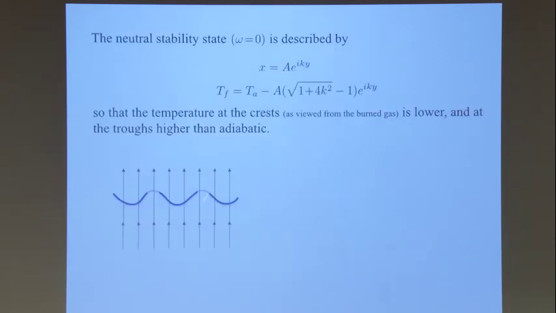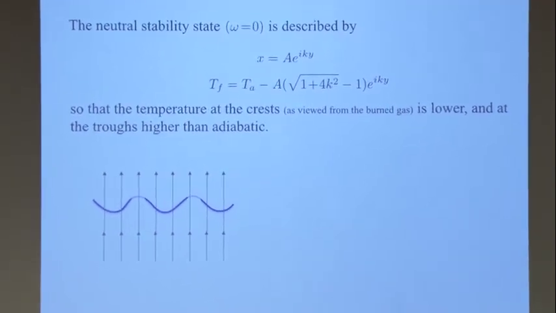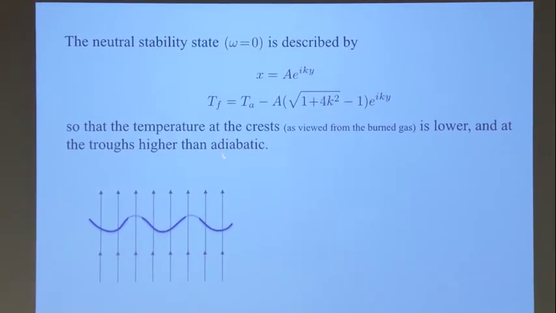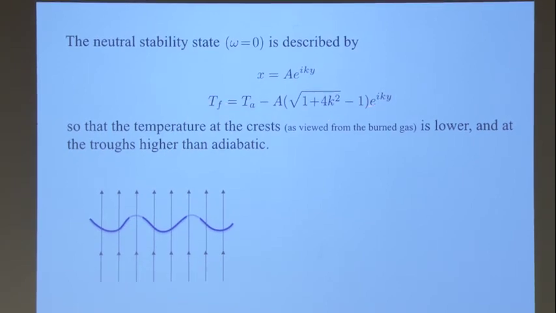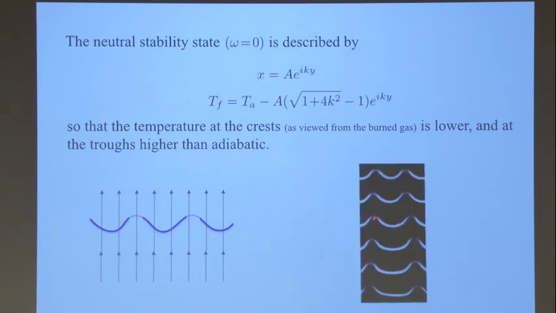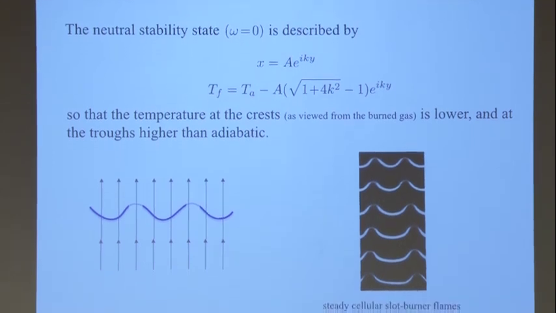One last quick comment: the analysis can also tell you more than just the condition. For example, you can obtain an expression for the flame temperature along the surface, and when you examine the signs here, you will see that it's usually weaker at the crest and at the troughs, and that's also what is observed experimentally.